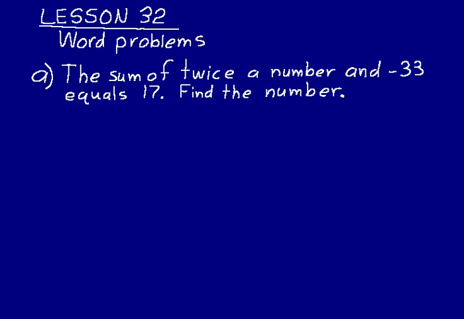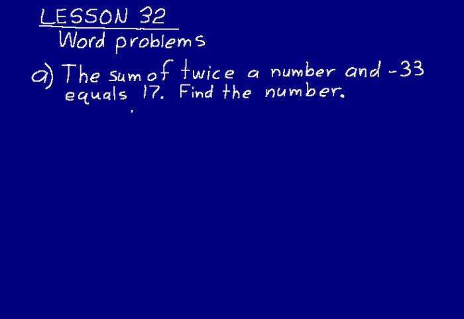So let's just read this through, and usually how I do these is just read them left to right, and I'm looking for keywords that help me figure out what to do and how to set the equation up. So the sum, that tells me I'm doing addition because sum is the result of addition. The sum of twice a number and negative 33. So let's just stop there and write that down.